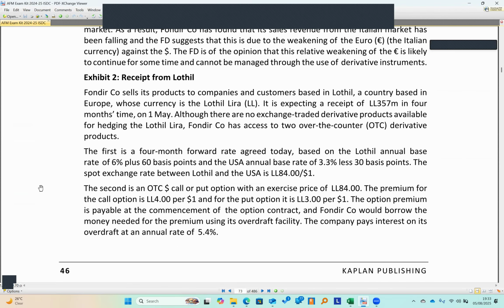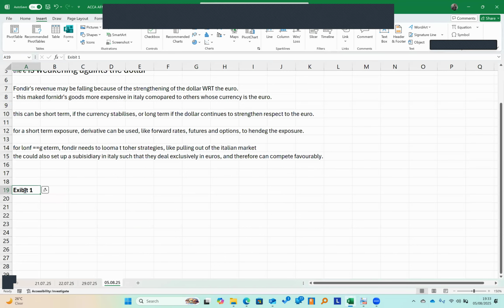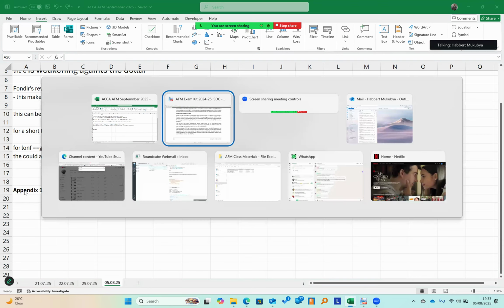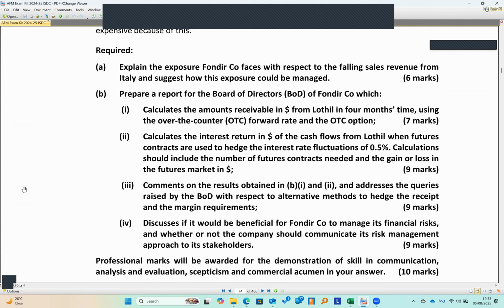Let's not use exhibits because these ones are exhibits. Let's use appendix. Appendix 1, we are going to calculate the amount that is going to be received using the over-the-counter forward rate and also the option itself.